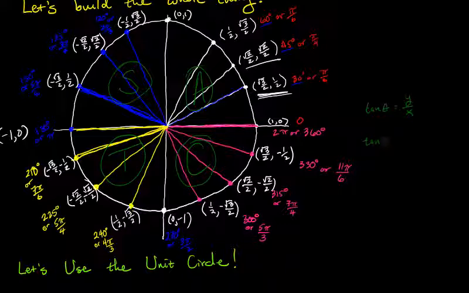Or another way of saying it would be sine divided by cosine, since y is related to sine and cosine is related to x. So that's what you need to think about when it comes to tangent, because notice tangent isn't one of the values of the point. Tangent is a combination of the two, so it's y divided by x.